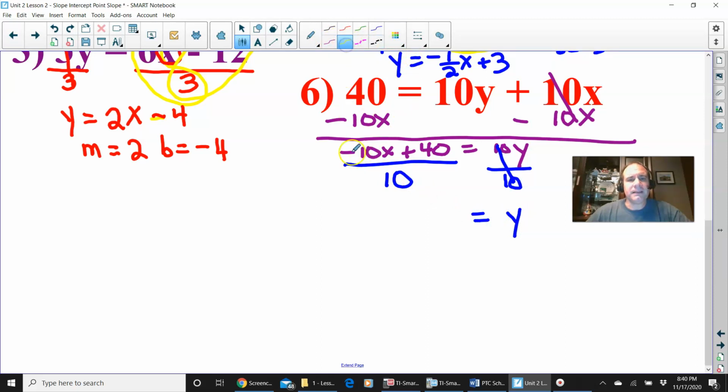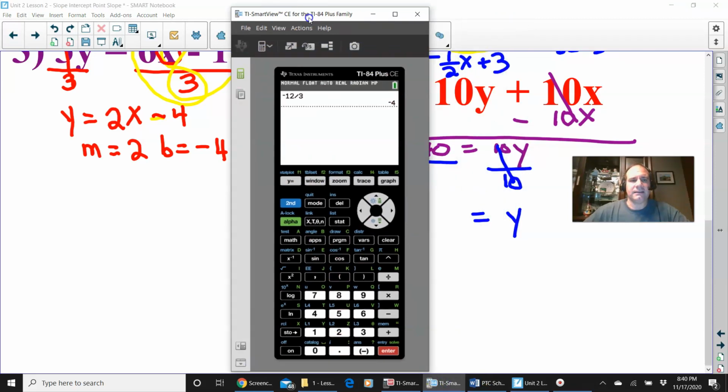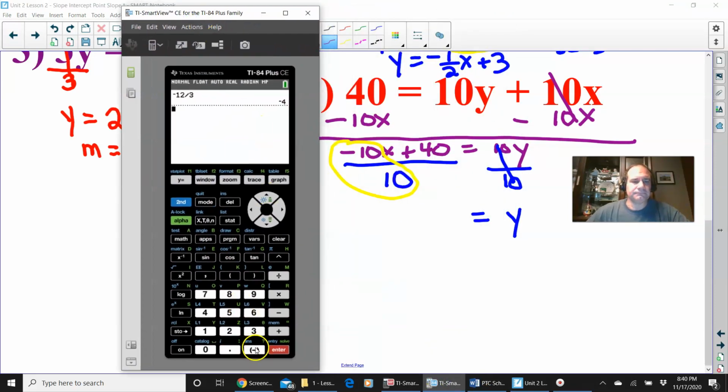And I'm going to use my yellow pen. What is negative 10 divided by 10? Negative 1.